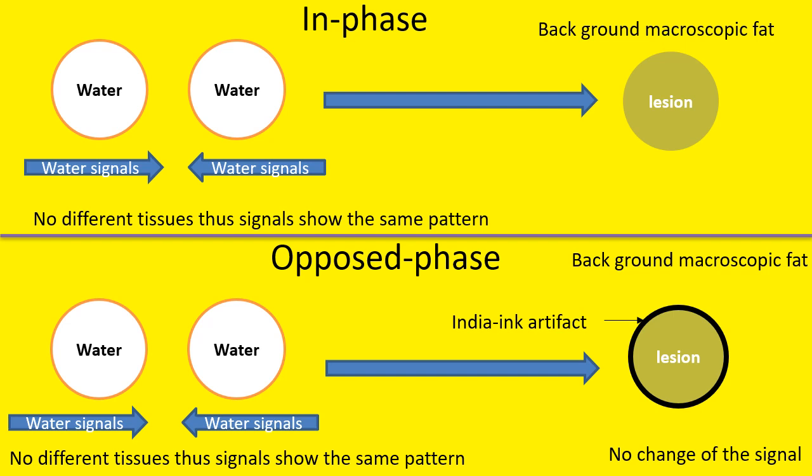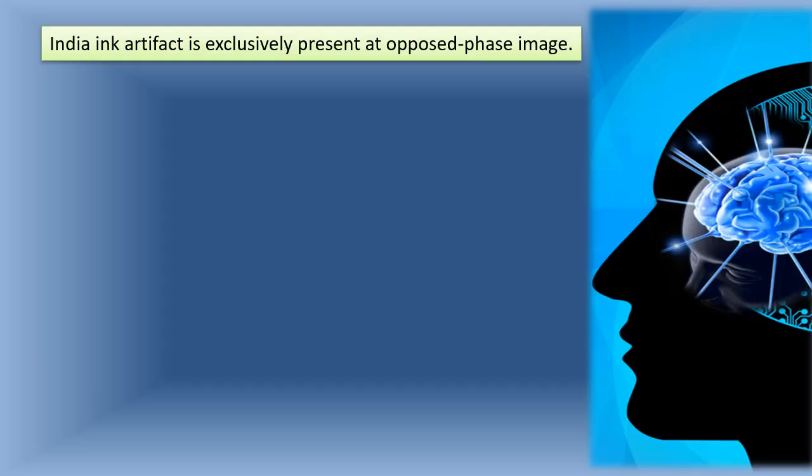So there is no drop of signal on the opposed phase, as happened in the previous lesions, because we only have one group of the same degree of signal and the same degree of brightness.